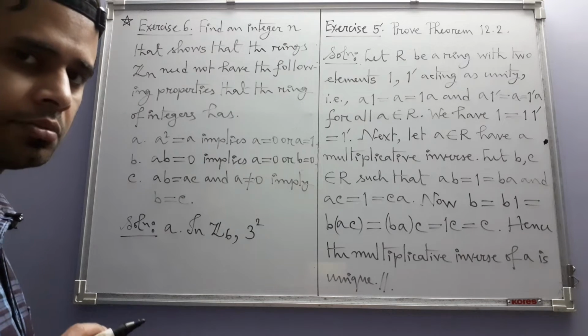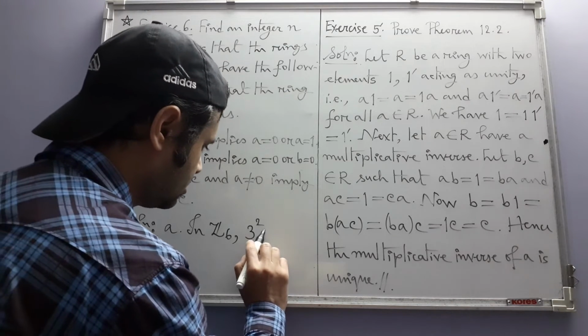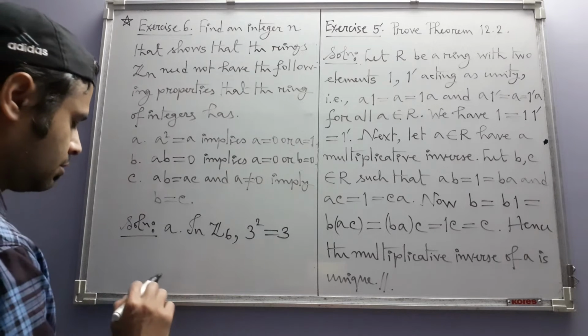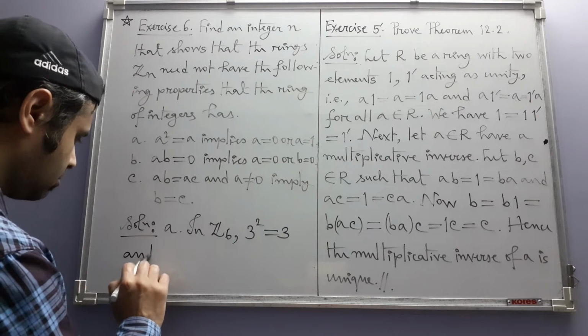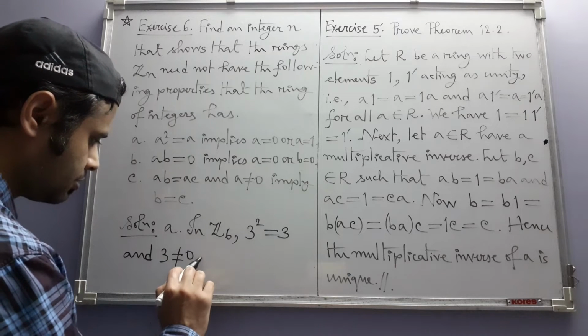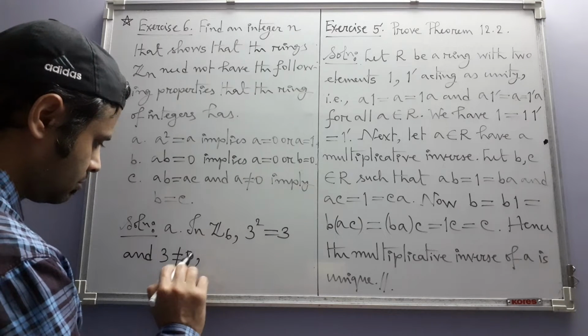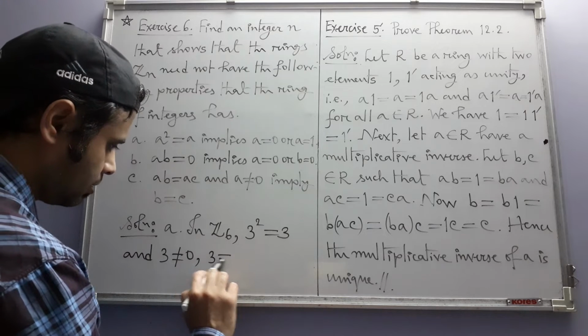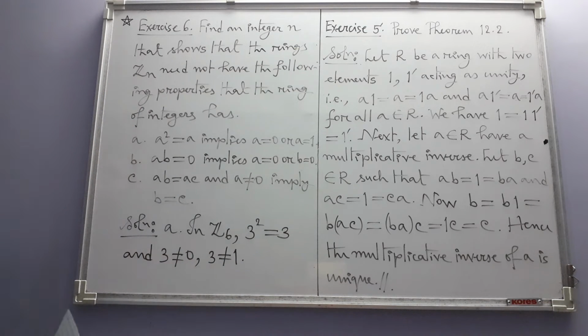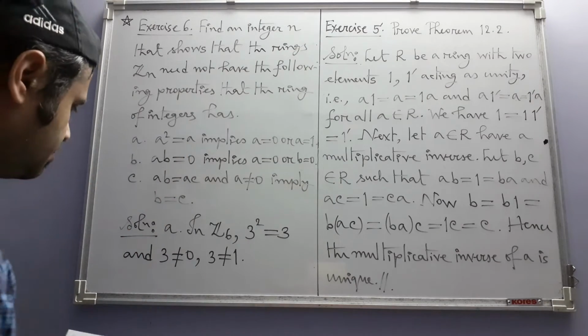When we divide 9 by 6, the remainder is 3. And 3 is neither equal to 0 nor equal to 1. So in Z6, this thing is not true.